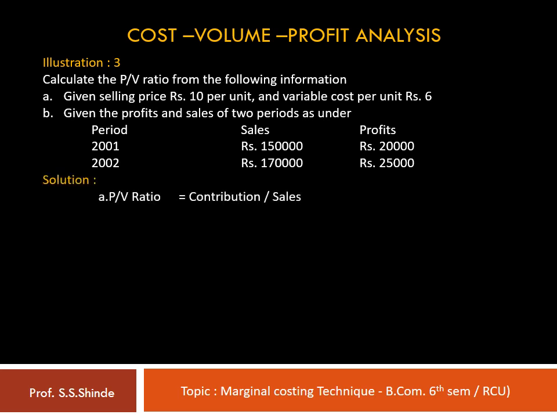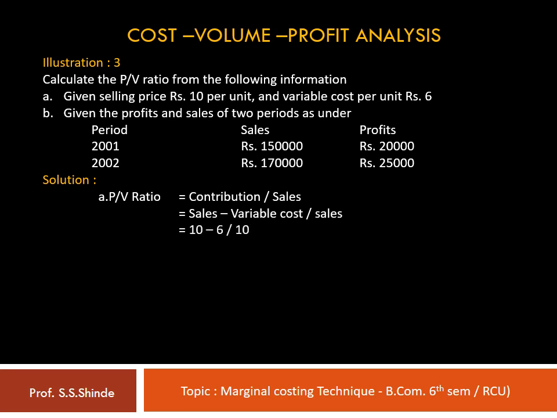So based on the information given in situation 1, let's put up the equation PV ratio is equal to contribution upon sales, which can also be written as sales minus variable cost divided by sales, because contribution is equal to sales minus variable cost. Let's put in the values over here.